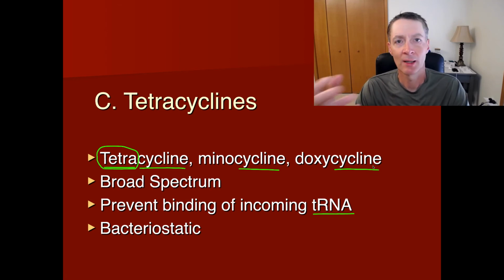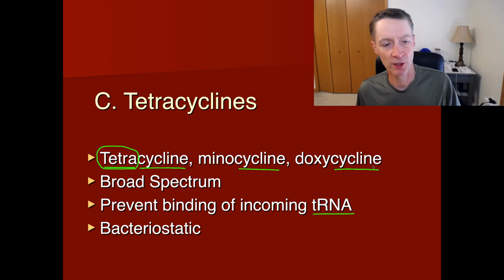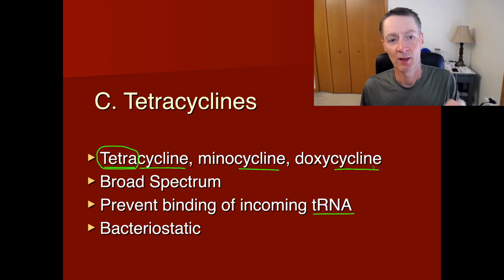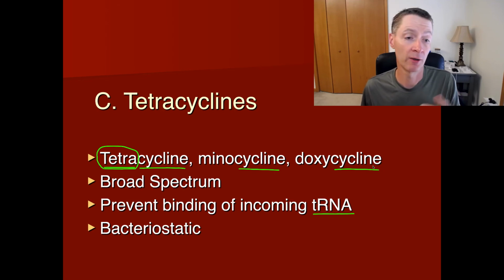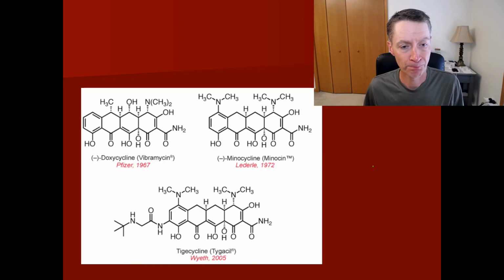It's been used to treat lots of different STIs, so chlamydia, syphilis, gonorrhea, really pretty common. Unfortunately, as years go on and we use these drugs, a lot of those same sexually transmitted diseases are not treatable with these tetracyclines any longer because the resistance has grown among those populations of bacteria.